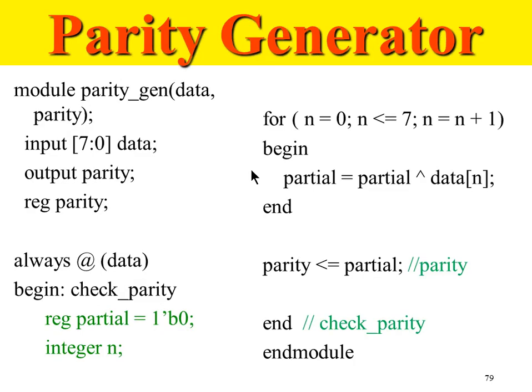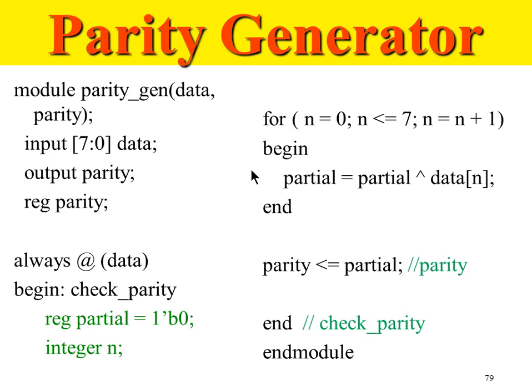So next is the parity generator. Do you know what a parity is? If I give you 8-bit data, for example. Yes, I know the parity bit. So how do you define parity? Well, it's just to check if the number of ones in the data is even or odd.